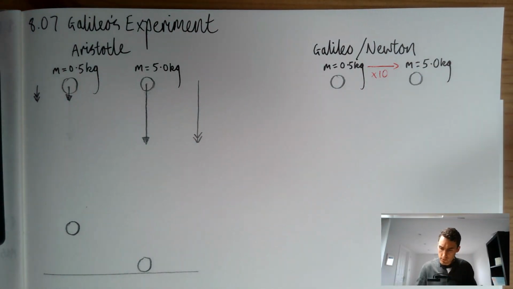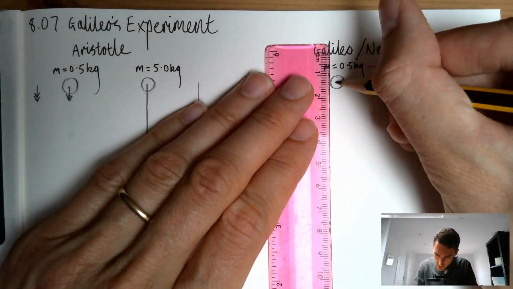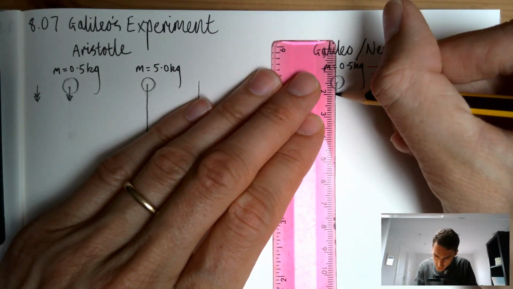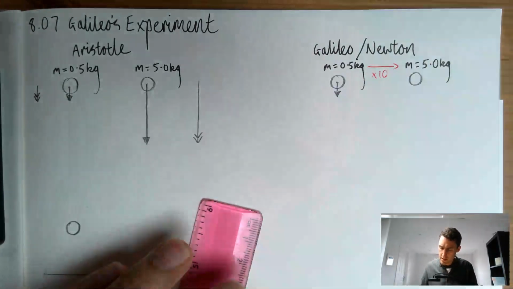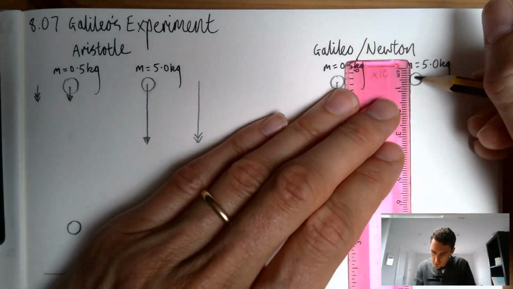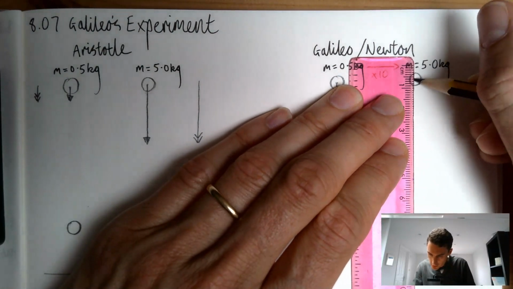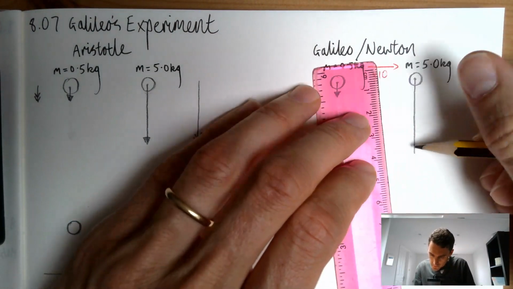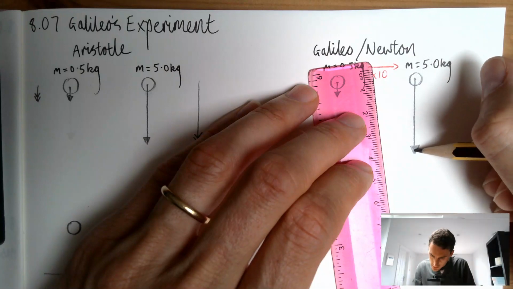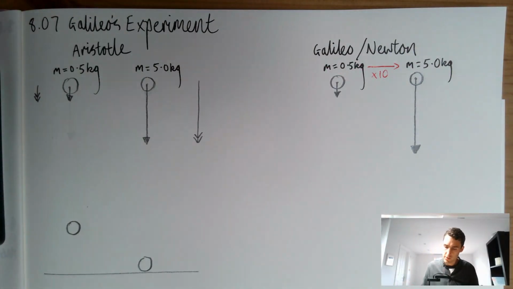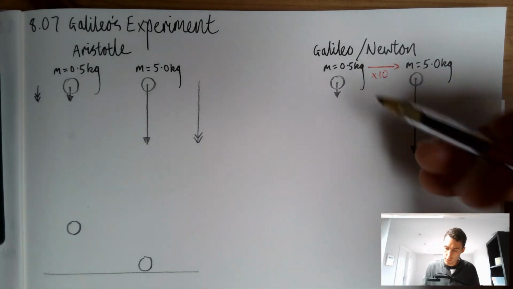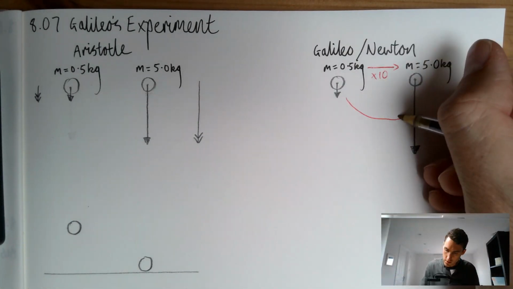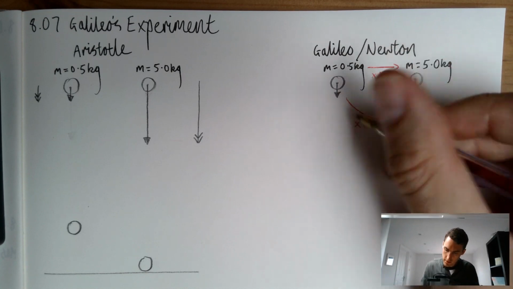Because the gravitational field strength is the same for both objects, this is going to have a smaller gravitational force and this is going to have a much bigger one. The difference is 10 times, because this mass is 10 times greater, so this force is going to be 10 times greater than that force.